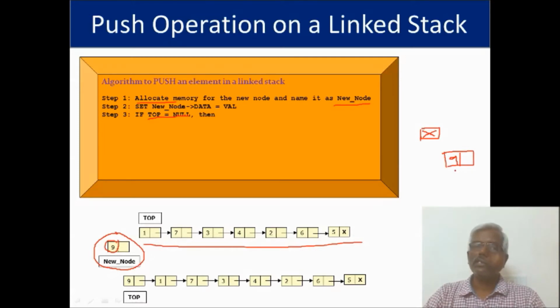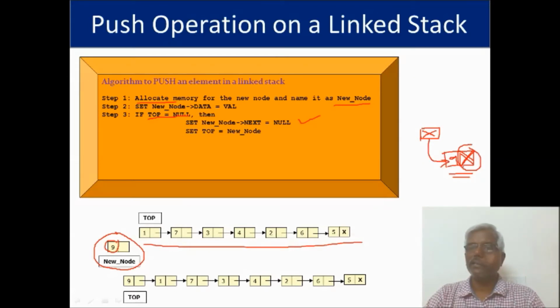This new node is going to act as the top and its next should be null. So the statement is set new node of next is equal to null. Then top is equal to new node, which means now the top is going to point to this new node. So this is what happens in the true part.